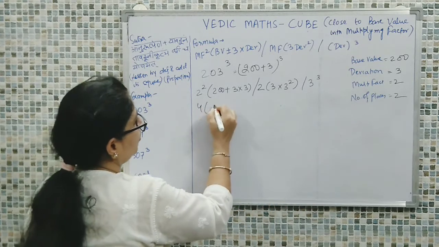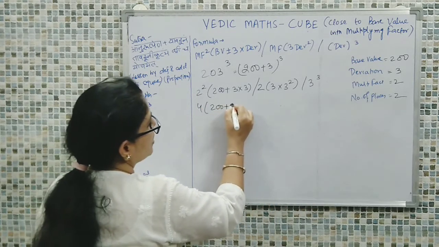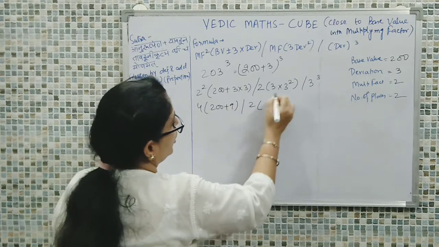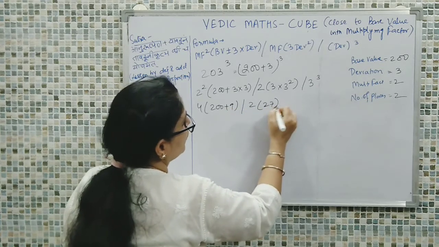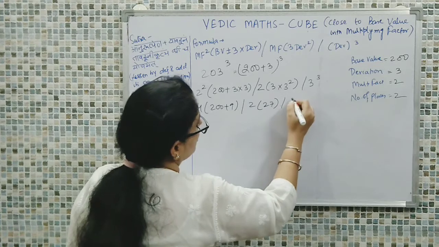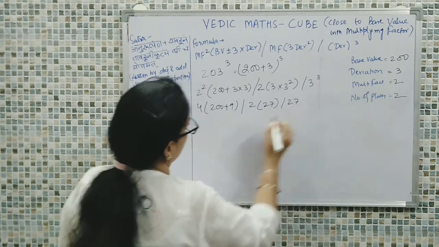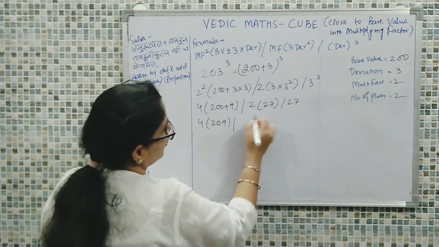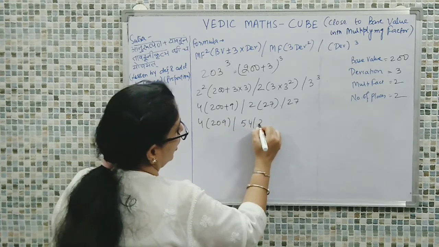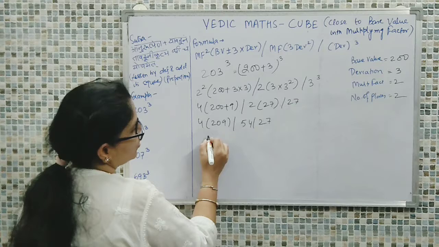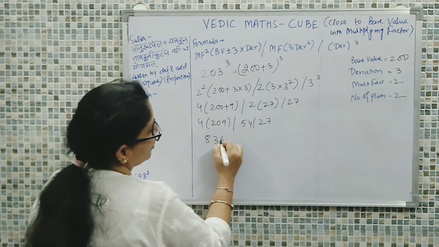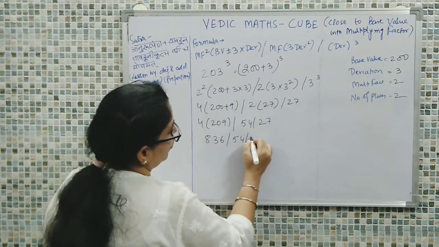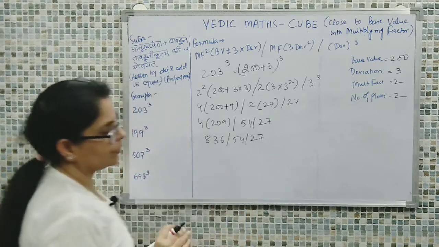So that will be 4 times 209, then 2 into 27, and this is 3 threes are 9, 9 threes are 27. So we have 4 times 209, 54 and 27. So this will be 836, 54 and 27. We have done till here.